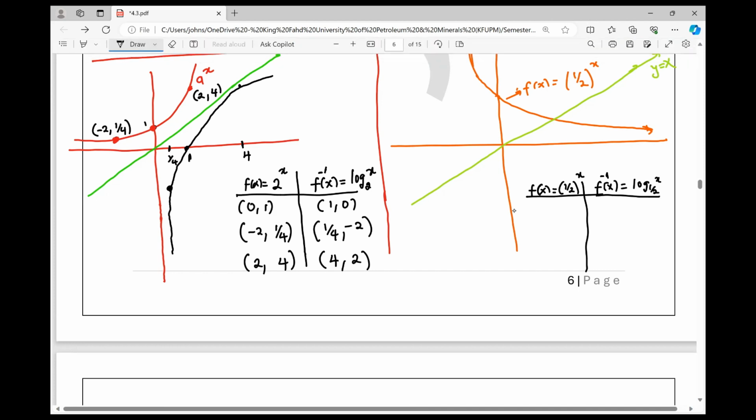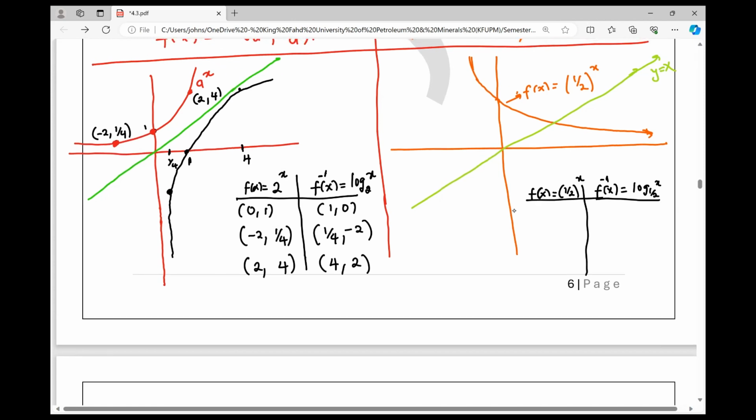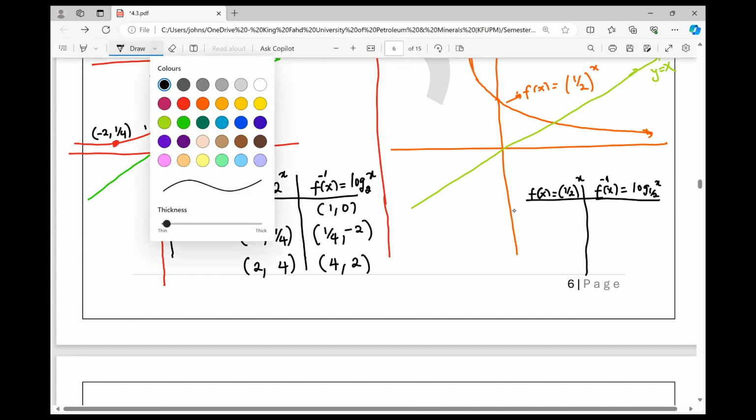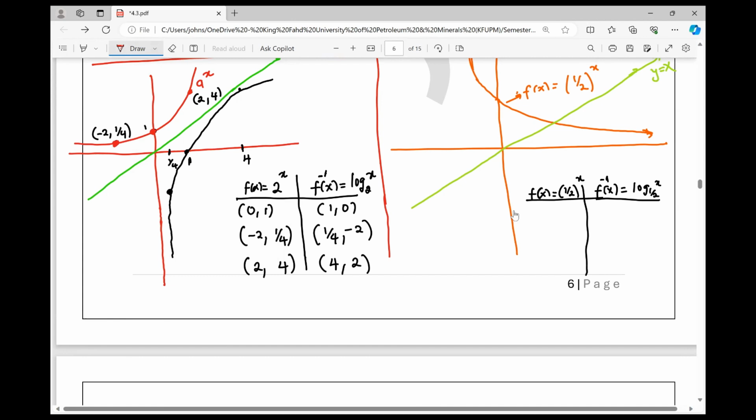Right. So let's see how the shape will look. The same story: take some point on the graph of f, and then interchange to get the point on the graph of the inverse.